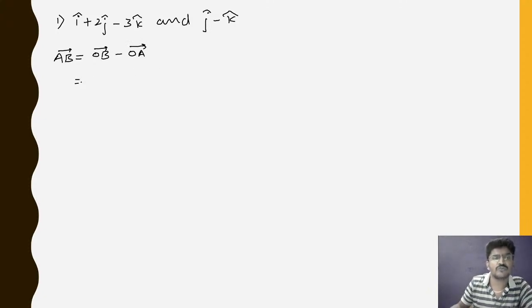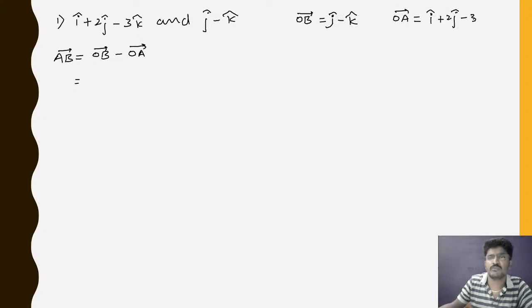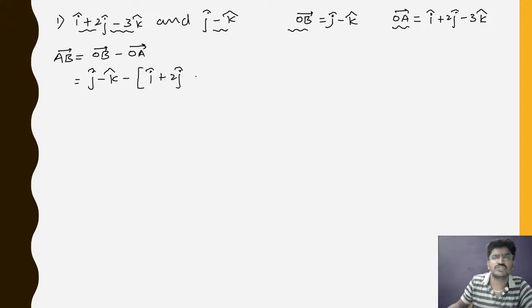So for that, see here, vector OB is j cap minus k cap, and vector OA is i cap plus 2j cap minus 3k cap. Therefore, j cap minus k cap minus of i cap plus 2j cap minus 3k cap.